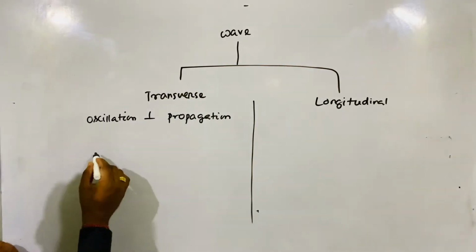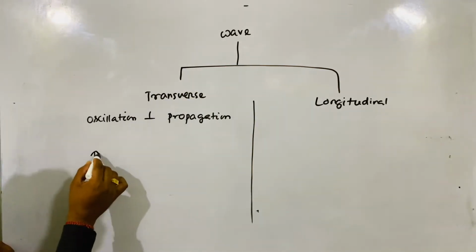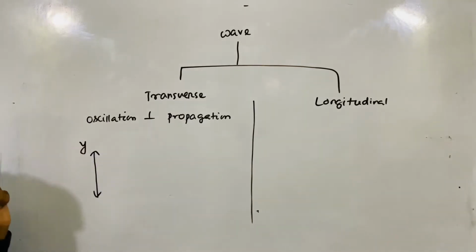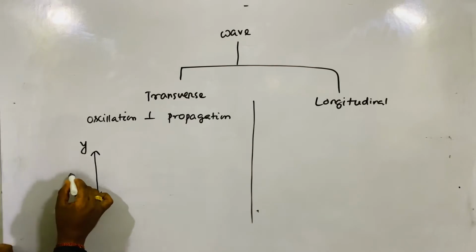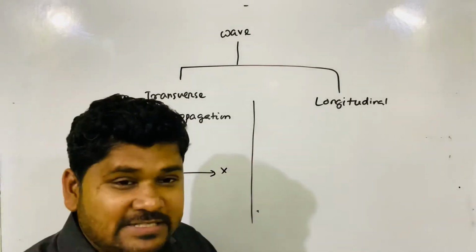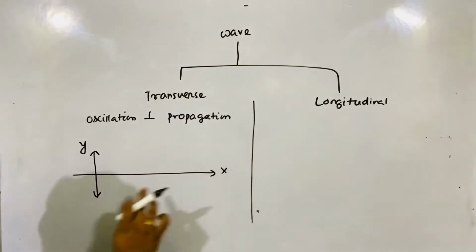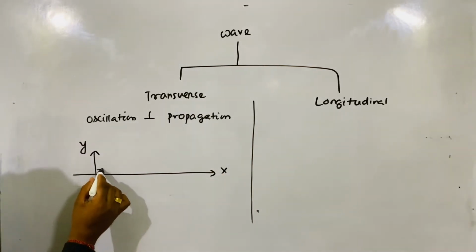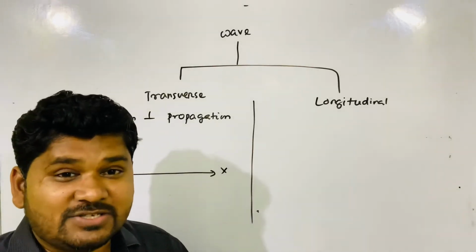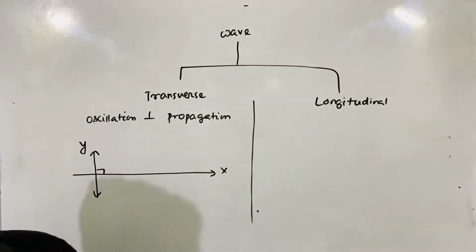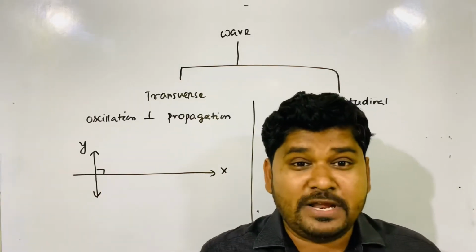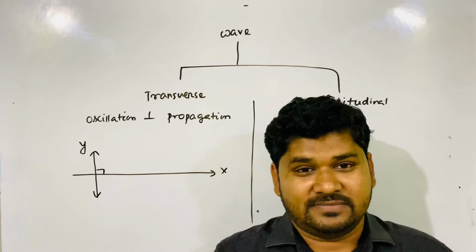Suppose the particle oscillates along the y-axis, then the wave propagates along the x-axis. This is the direction of propagation, this is the direction of oscillation. What is the angle between them? 90 degrees. So this is called a transverse wave.